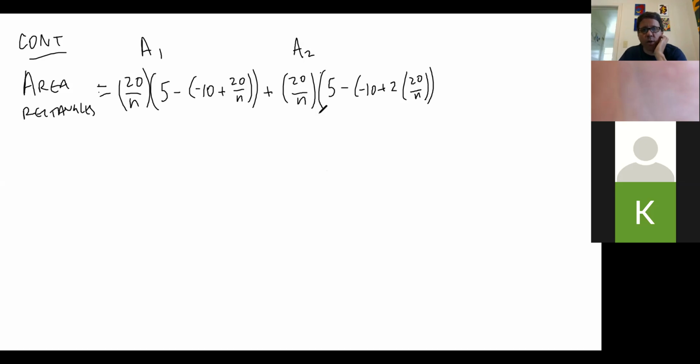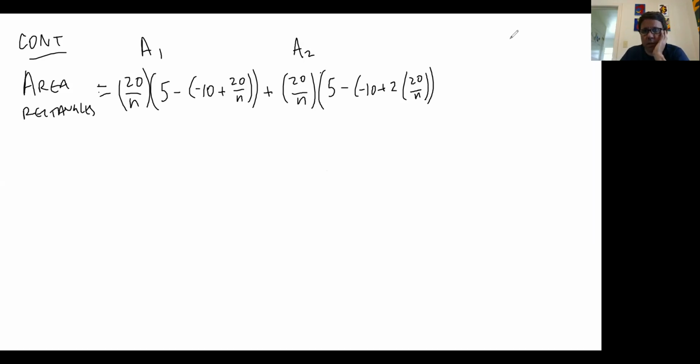I think I'm already drawing too big here. But maybe do one more. Area 3 will be the width, and the height, which is 5 minus negative 10 plus 3 copies.